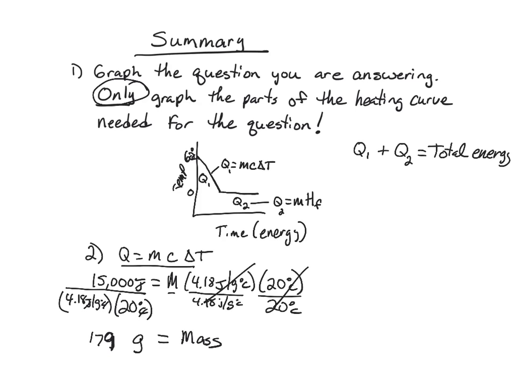Significant figure-wise, I didn't really write the question down, but I said we're going to change it by 20. 20 has one significant figure, so my answer would be 200 grams of water would equal the mass.